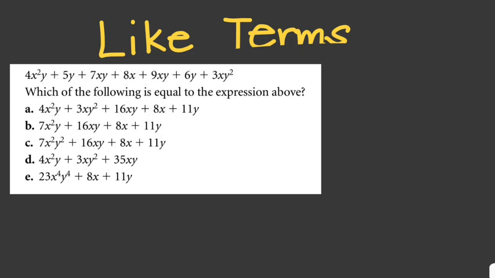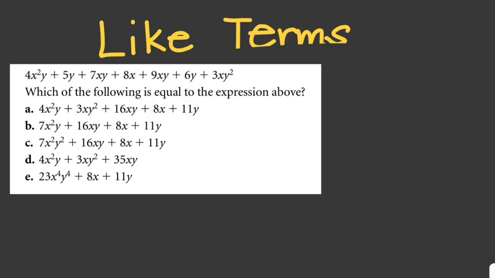Okay, for example, we're given this problem here. Which of the following is equal to the expression above? So the given expression here is this one, and only like terms can be combined in this expression or in any expressions.